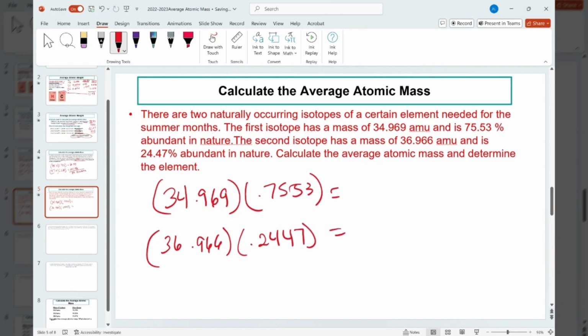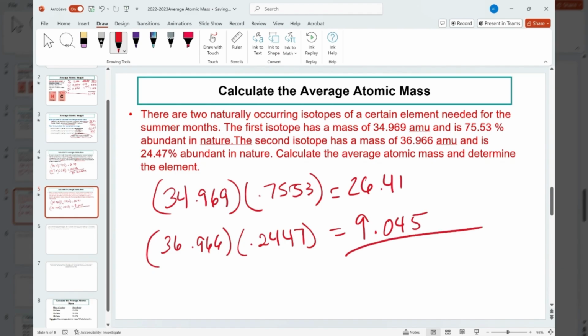Again, I like to write it all out, and I do expect you to show your work. 34.969 times 0.7553 gives us 26.41. 36.966 times 0.2447 is equal to 9.045.